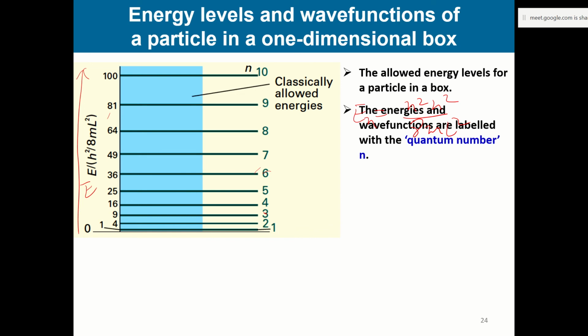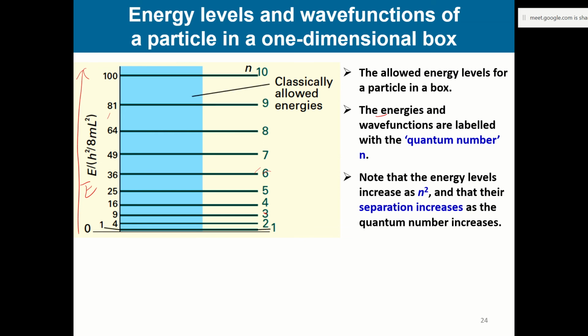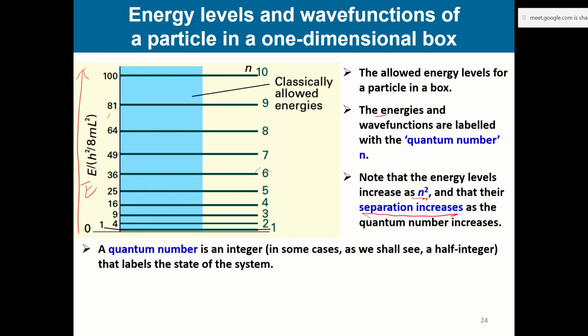The integer that we are talking about is called the quantum number, because the energy has only certain allowed values; it cannot change continuously. Because it is an n square function, the separation gradually increases as the quantum number increases. You can clearly see the separation here, here, here, and here.